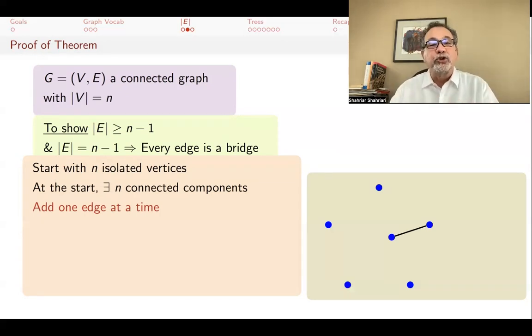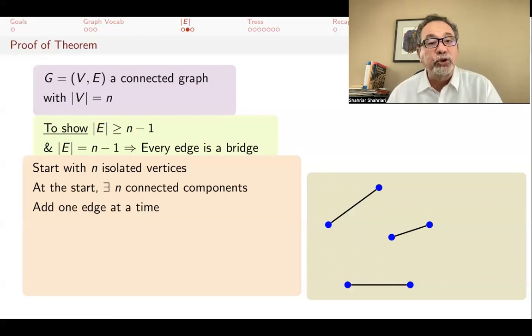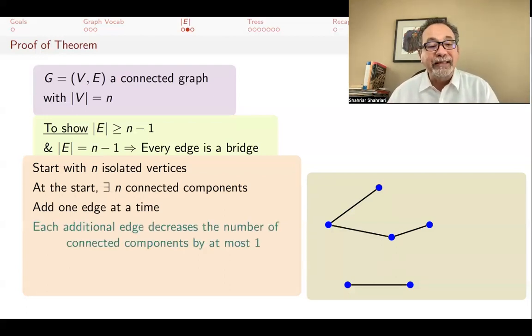So when the first edge goes in, the number of connected components goes down by 1. The next one goes down by 1 as well, and so forth. Sometimes it might not go down at all, because you might be connecting vertices that were already connected through some other path. But at best, each additional edge decreases the number of connected components by at most one.